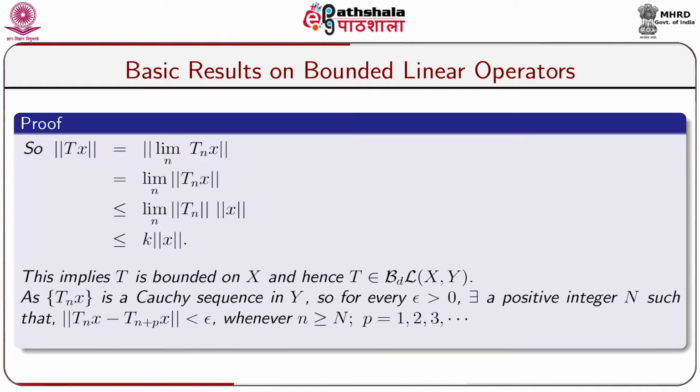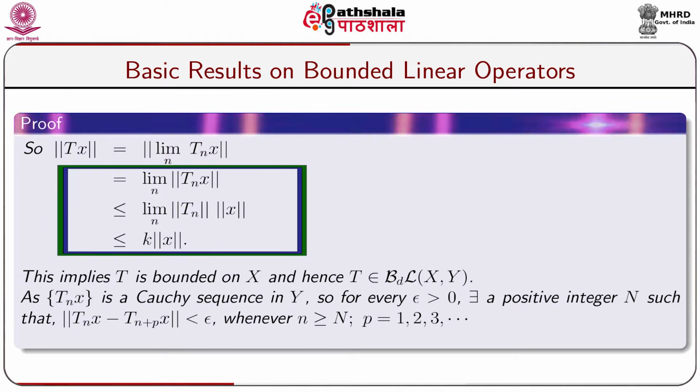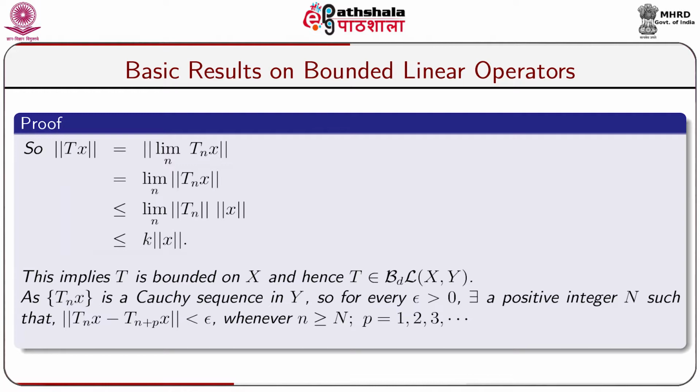So, norm of Tx is equal to norm of limit of n of Tnx, which is equal to limit of n of norm of Tnx, because the norm function is continuous, which is again less than or equal to limit of n of norm of Tn into norm of x, because Tn is taken from BDLXY, which is less than or equal to k into norm of x. This implies that capital T is bounded on X, and hence T belongs to BDLXY.